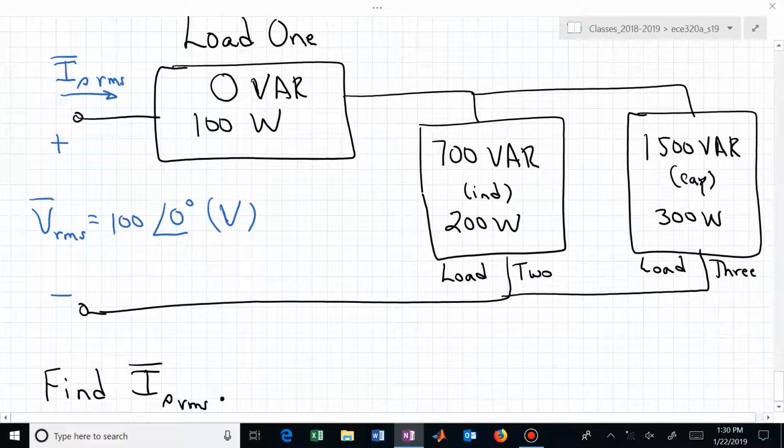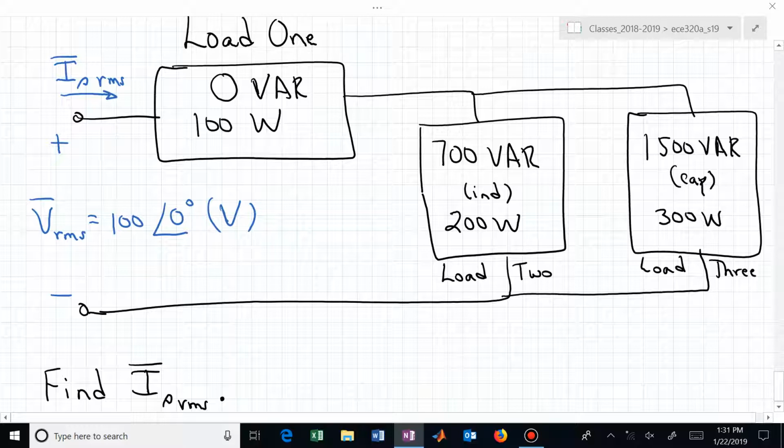So we want to now find I sub S bar, and we can do that by simply adding up the component parts of load 1, load 2, and load 3. We don't have to worry that they are maybe not all in series or all in parallel.